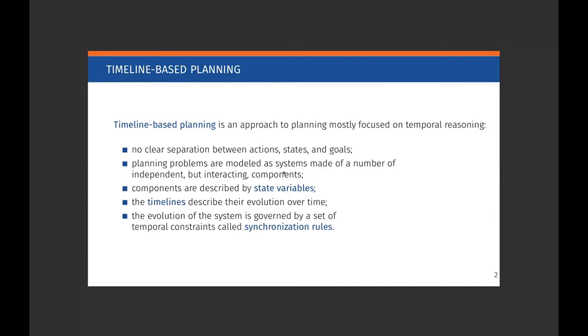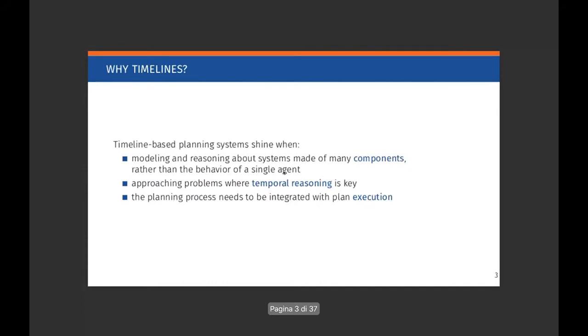So instead of having the description of the actions and the goal, we have some temporal constraints that have to be satisfied by the evolution of the system. This kind of planning language really shines when you are modeling and reasoning about a system that is made of many components, rather than the behavior of a single agent.